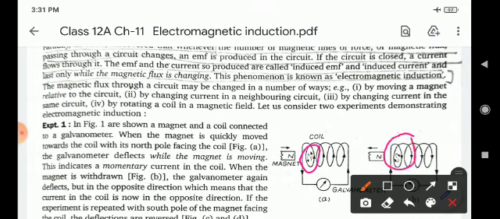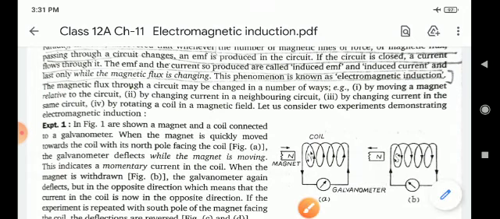According to Lenz's law, it appears south pole. Here, if the north pole moves towards the coil, it is a north pole that opposes it. But if the north pole moves away from the coil, then it opposes, therefore it will behave as a south pole.